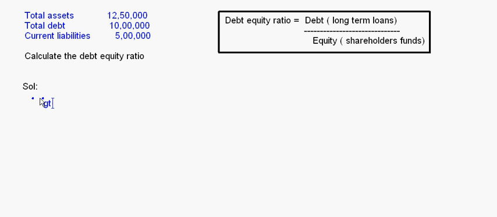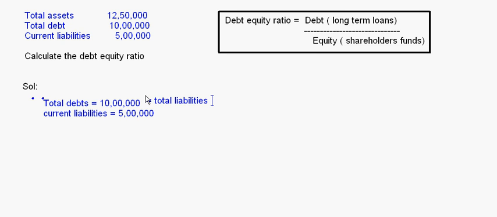Here it has been given total debts is equal to 10 lakh and current liabilities is given as 5 lakhs, right? So this total debt is nothing but your total liabilities. Fine. So total liabilities is given and the current liabilities is given.